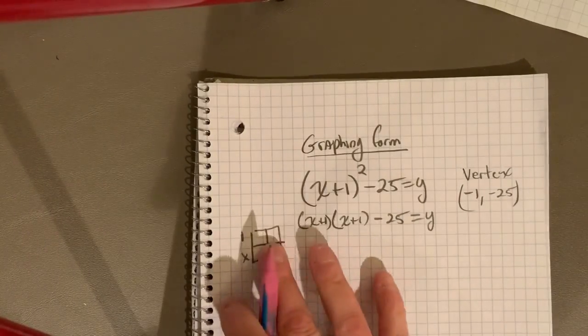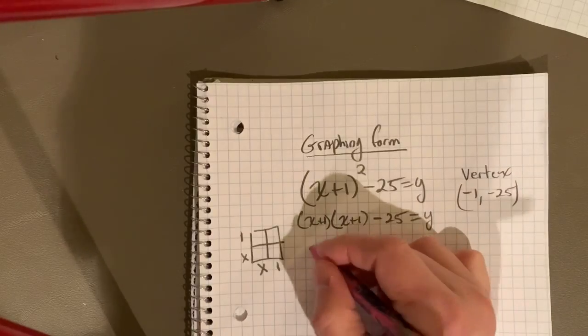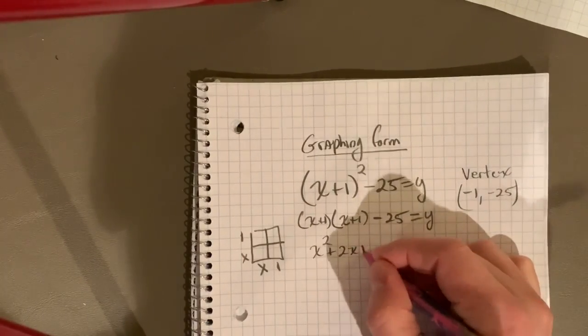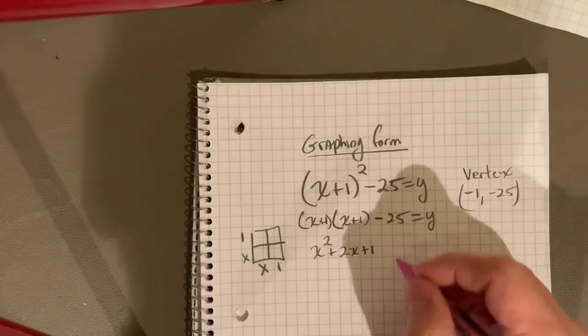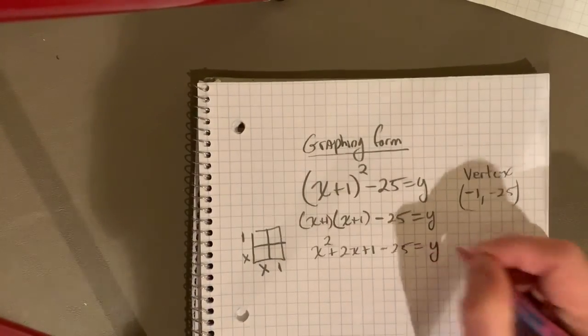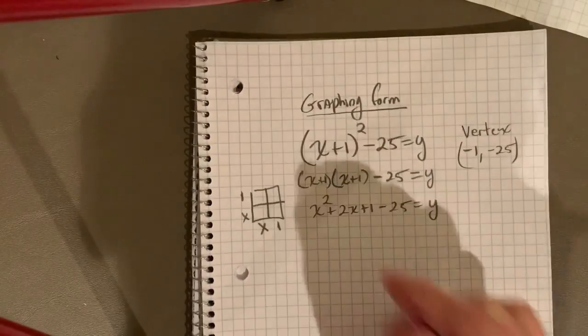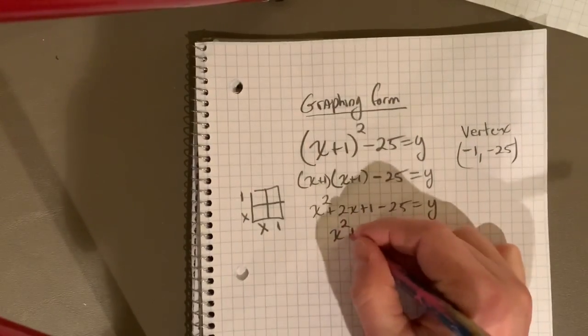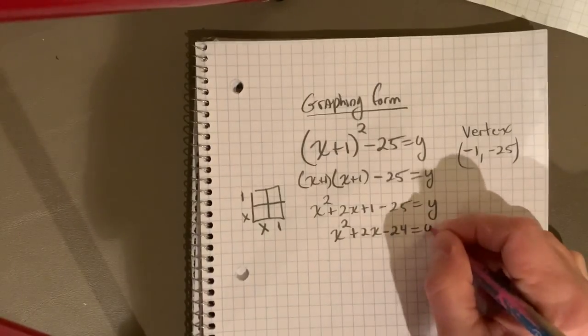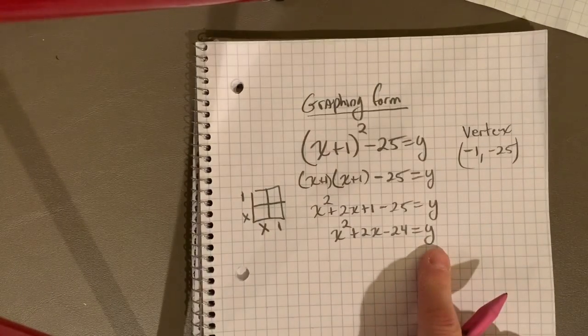I'm not going to do this whole thing for you, but this is what you should get. We're still going to subtract that 25. Then I'm going to combine. And now we have it in standard form.